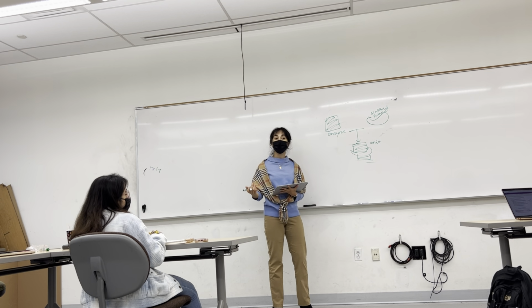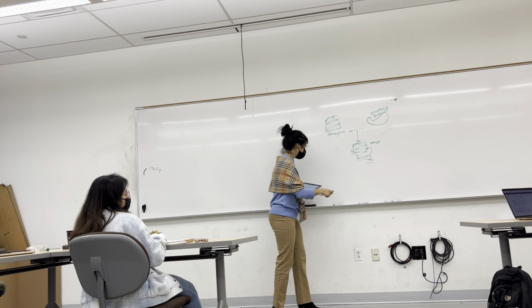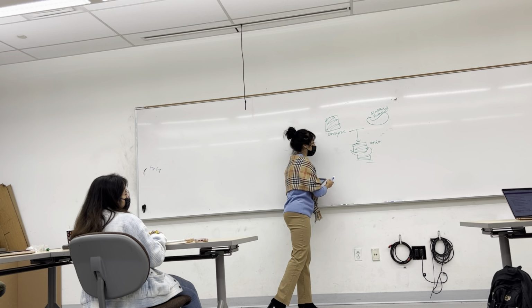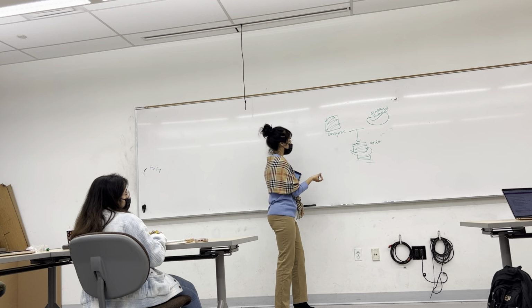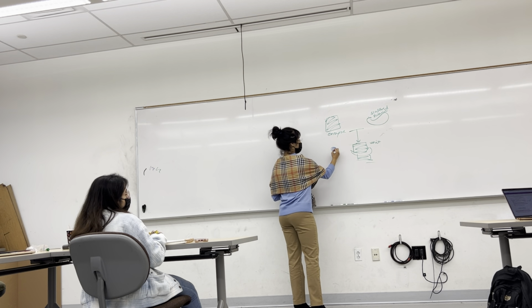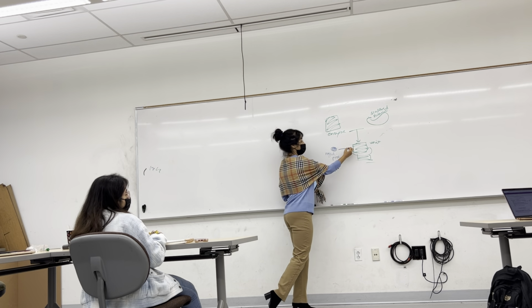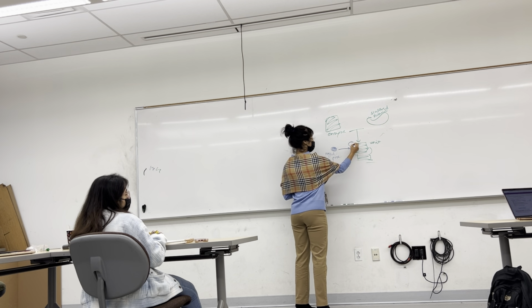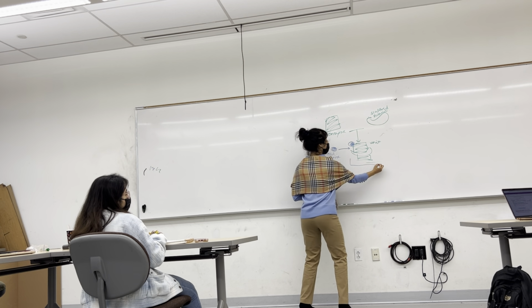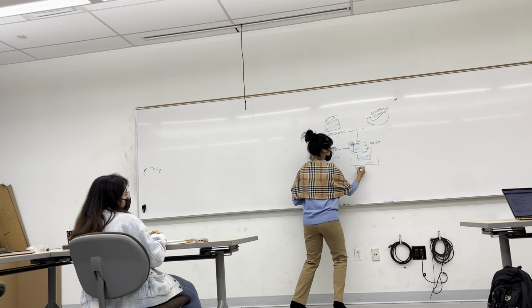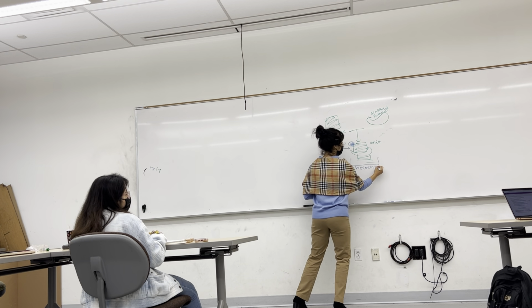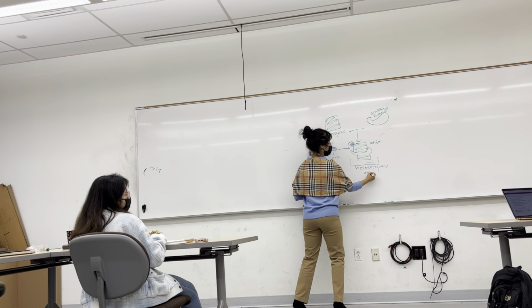So what we can do here is add the regulatory protein. Let's say the regulatory protein is something like this. I'll call this my regulatory protein. As soon as I add this regulatory protein onto here, this is going to be called a holo enzyme, meaning that it's activated.